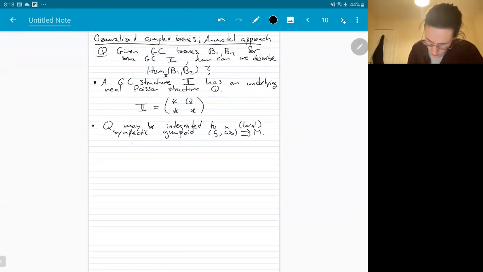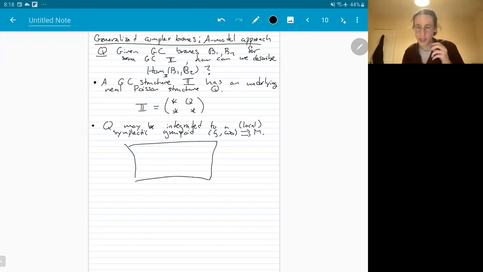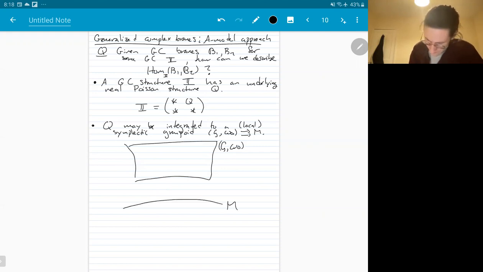It's going to be some big space, a symplectic manifold which has twice the dimension of M, and it's equipped with these maps, S and T, to M.